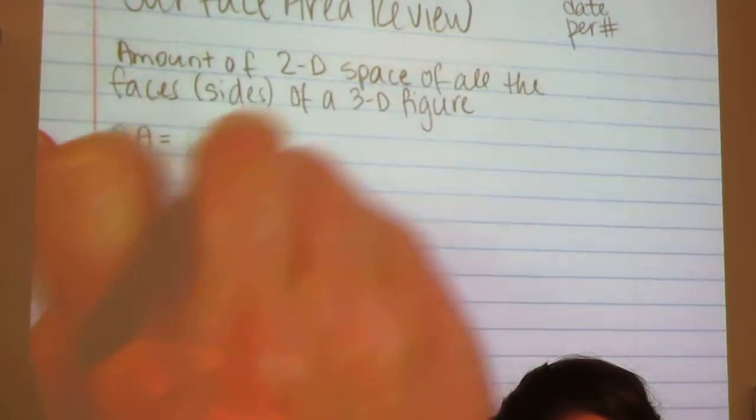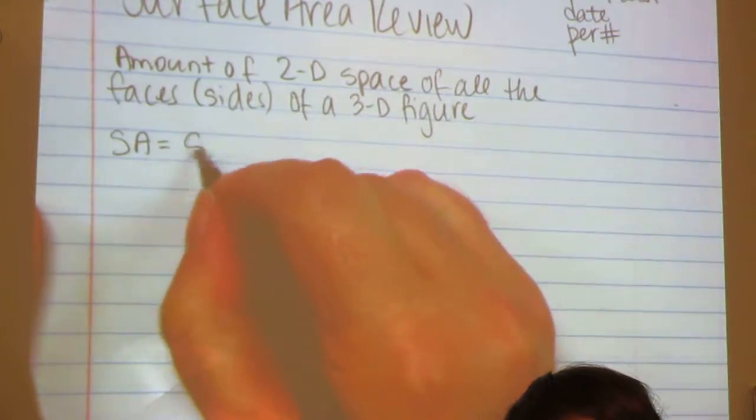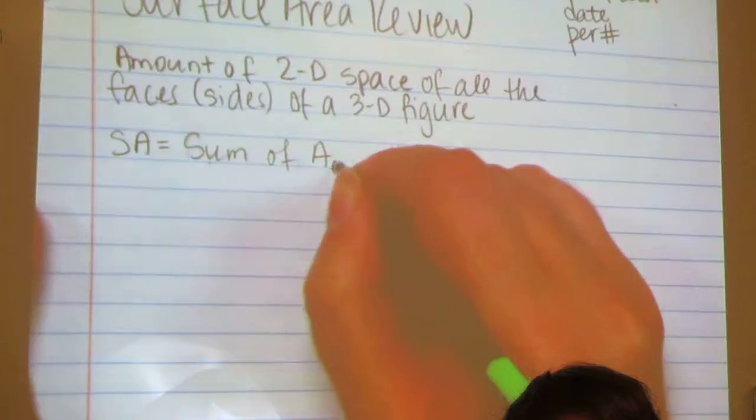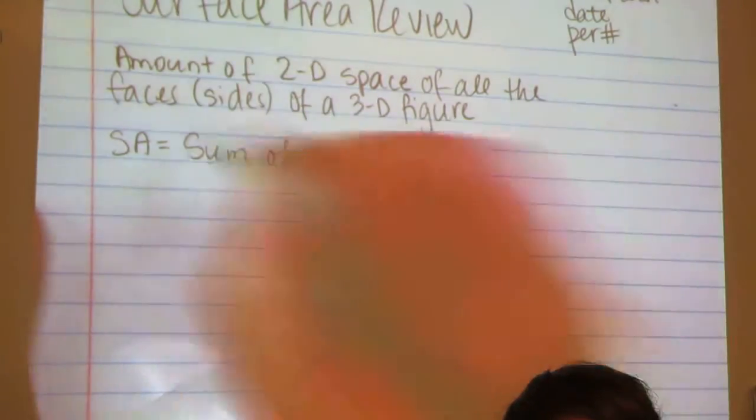I'm going to rewrite that. Surface area is the sum of the areas of each side.